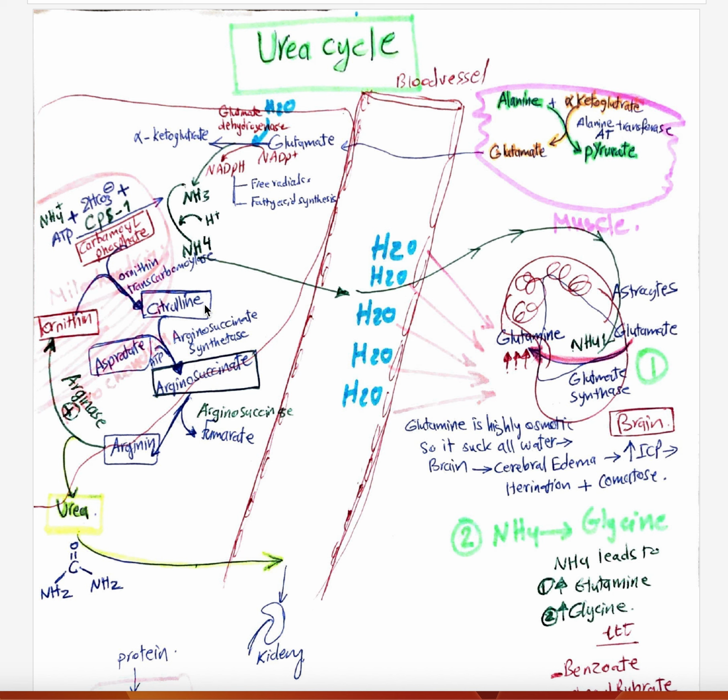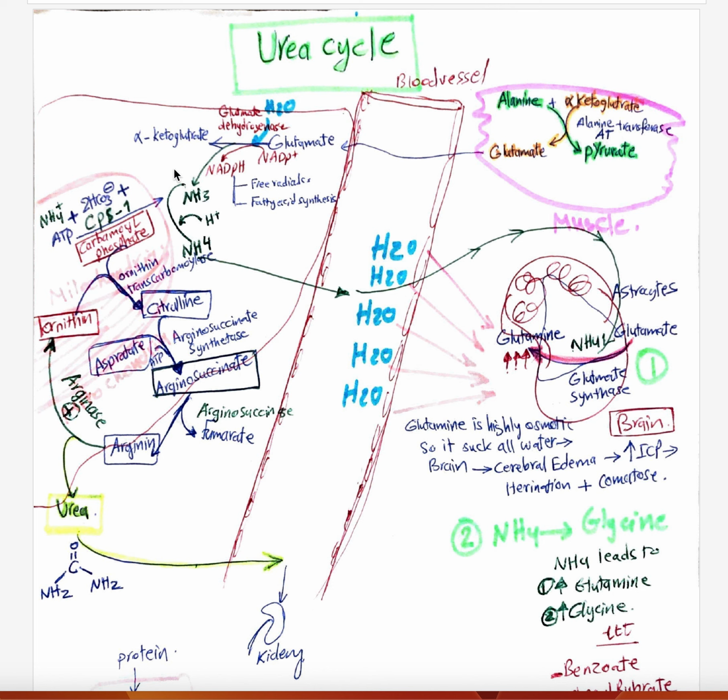The citrulline with aspartate, by argininosuccinate synthetase, leads to the formation of argininosuccinate, because the product is called argininosuccinate. By its lysis, that leads to the formation of arginine and fumarate. And then arginine leads to the formation of urea, which is the waste product and should be excreted in the kidney.